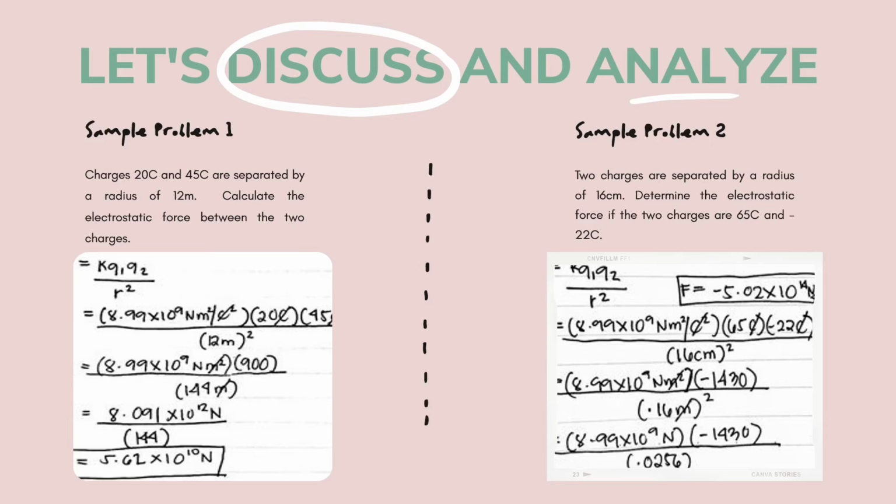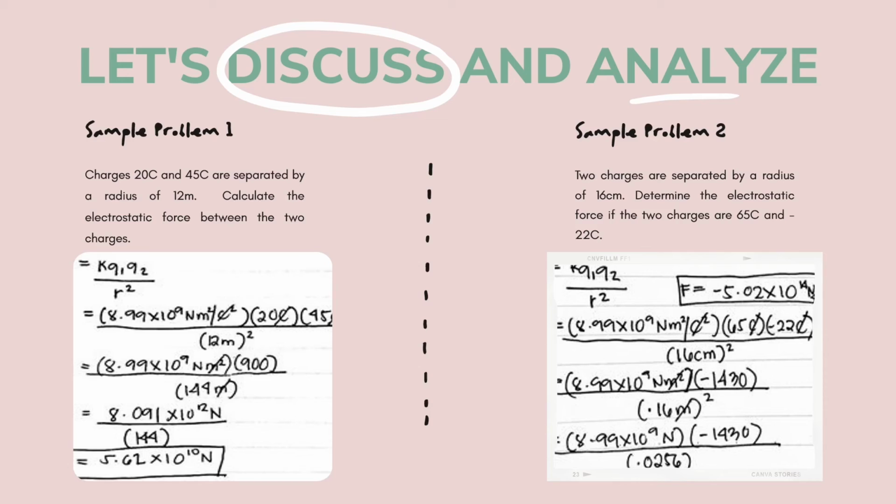So the 12 meters, we will square it, so that is 144. And the 8.99, the 20 and the 45, we will multiply them. And also we will cross out the coulombs and meters. So what remains is the Newton only, because what we are looking for is the electrostatic force.